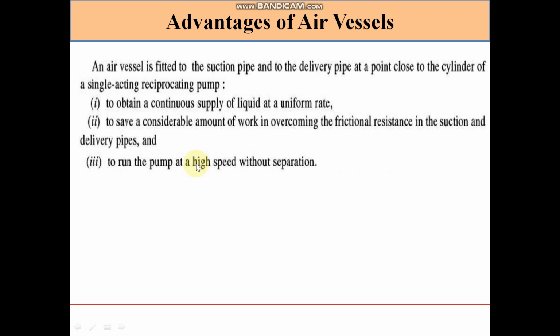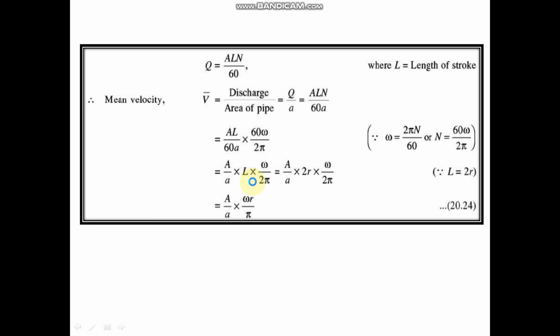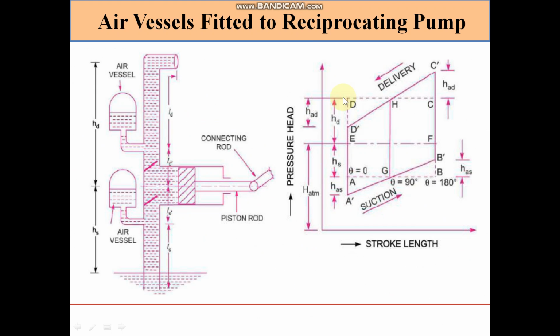Now, to run the pump at a high speed without separation: from this indicator diagram it is clear that when the speed of the pump is more, this pressure is now less than shown over here.